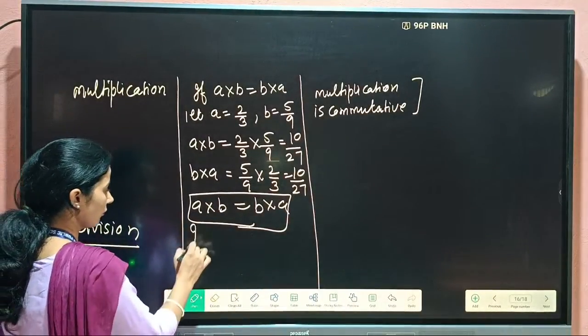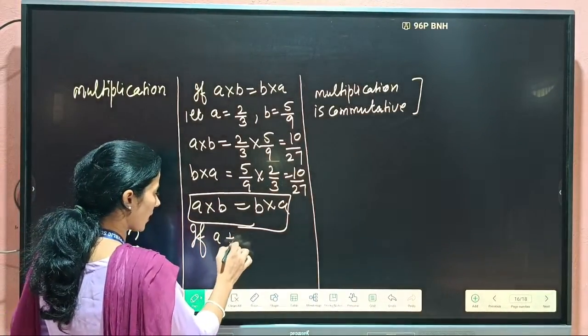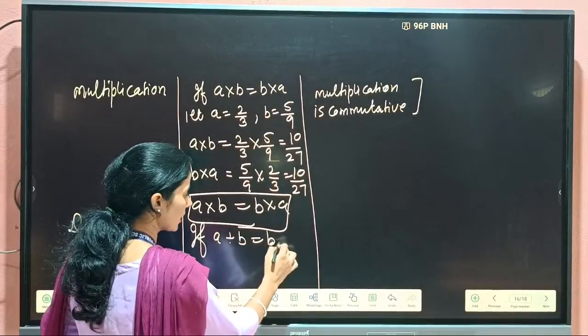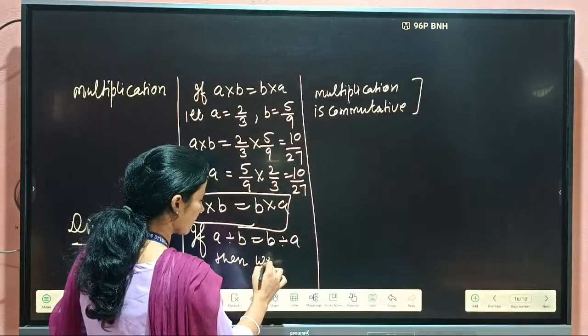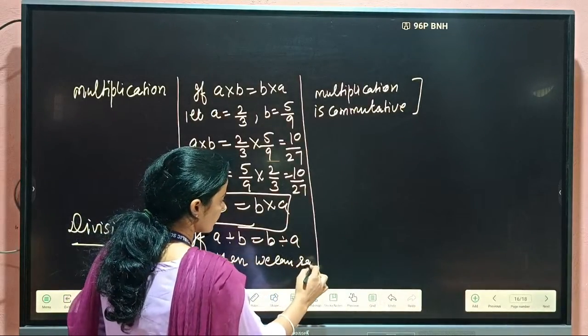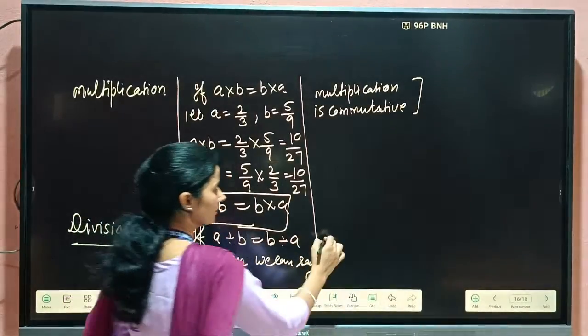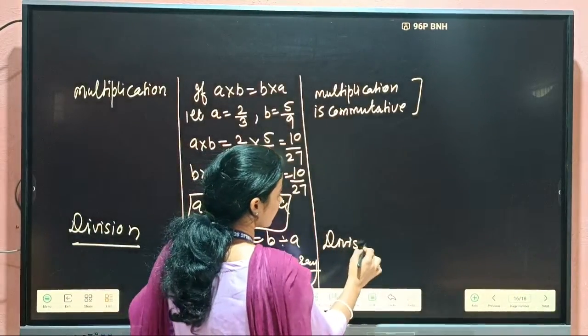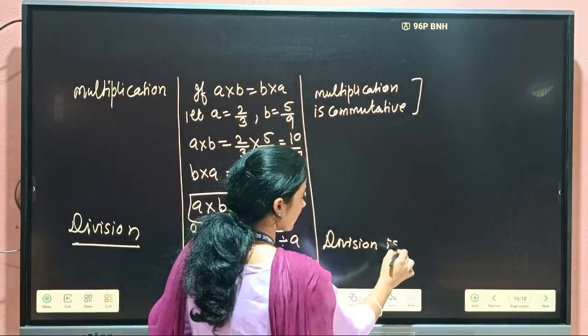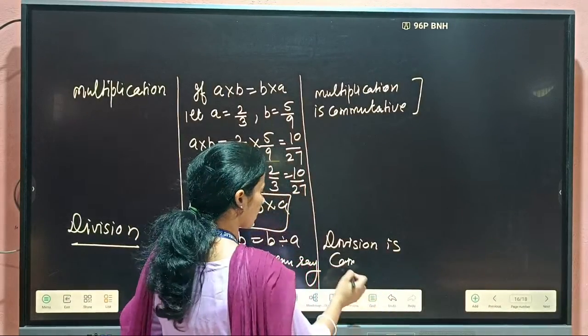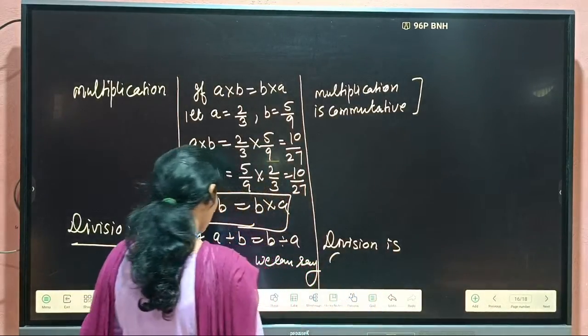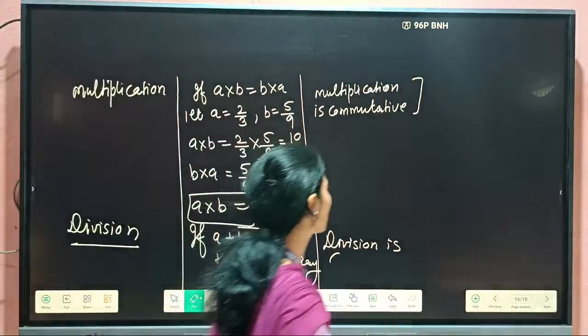Now if A divided by B is equal to B divided by A, then we can say division is commutative. Let us first discuss this property; at last we will write our result.